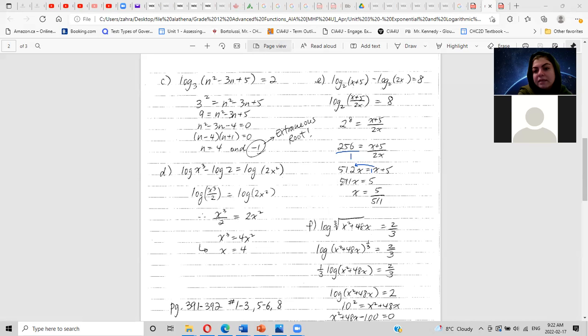So 511x, and the number is here. Divide both sides by 511. x equal to 5 over 511. Then you have to check. So you put x to be 5 over 511, so it's going to be positive here. If you put the same x here, you get a positive, so no problem. You can accept that.